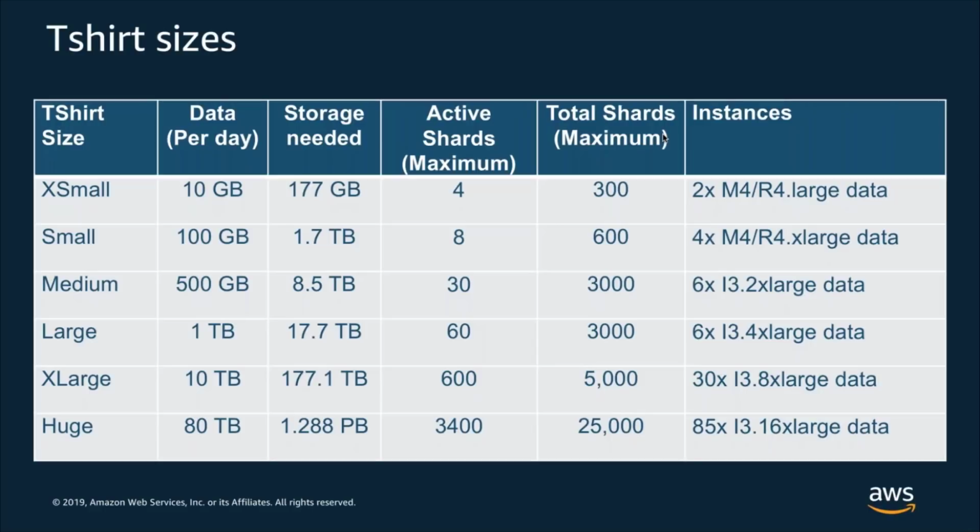You can see the active shards column. That is derived from the number of CPUs that are in those instances that I've recommended. For instance, the 2 M4R4 large instances have 2 CPUs, so there are 4 CPUs total. I kind of fudged a little bit here. I feel like if you have 4 active shards, you're probably okay on those, and so on up the line.